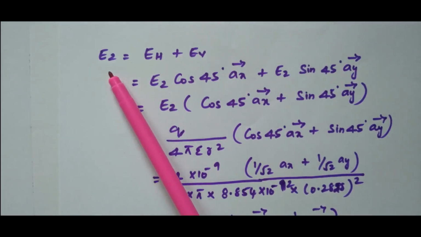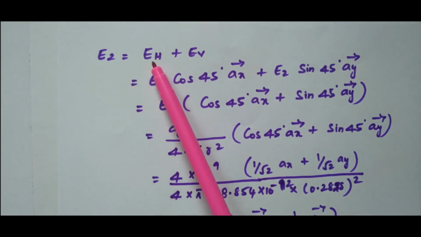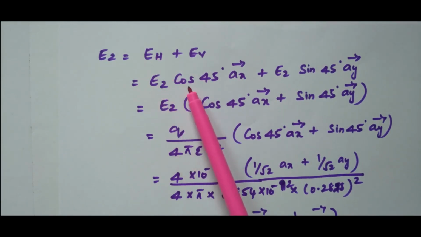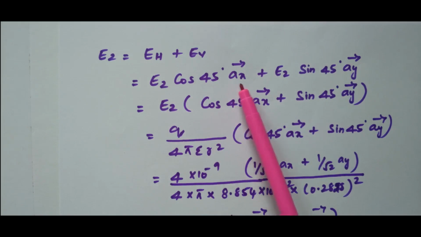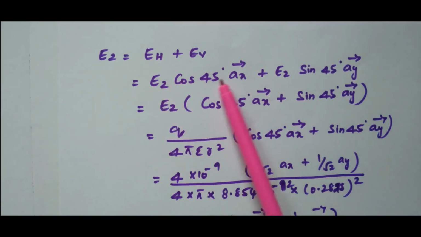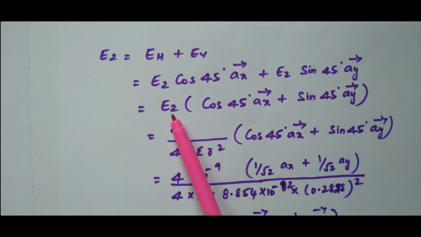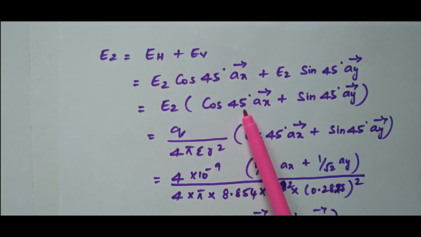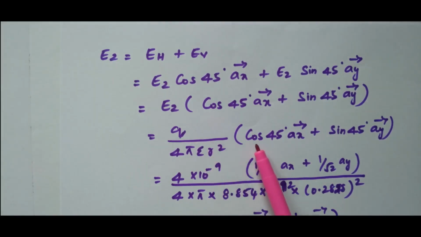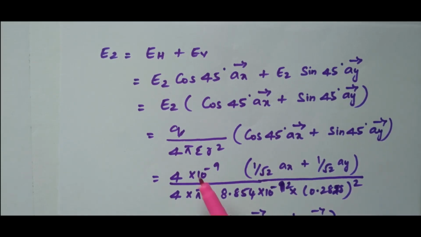So while considering the second charge, E2 is the vector sum of horizontal component plus vertical component. Horizontal component is E2 cos 45 into AX vector, plus E2 sin 45 into AY vector, which is the vertical component. Taking E2 outside, we have cos 45 AX plus sin 45 AY. What is E? Q divided by 4 pi epsilon R square, where R is already calculated using the Pythagoras theorem. Now we'll substitute the values.